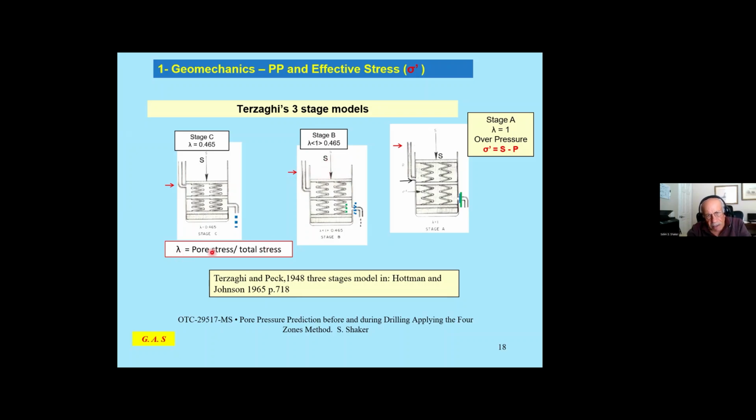And there is lambda here. I don't want to bother you with the term. Now he came to a point where he shut the valve completely and increased the stress on that top plate. And he said, this is the stage where the overpressure builds up. You see that pressure gauge right here.